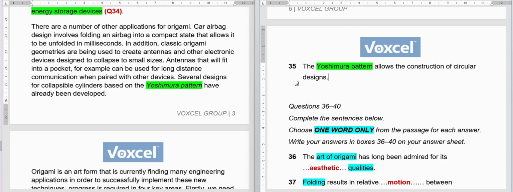And when we don't know what kind of designs we can make with this pattern, the answer will be not given. Hope it is clear. So obviously this is the location for this question, and you have around 10 seconds to tell me the answer to question number 35, and your time starts now.